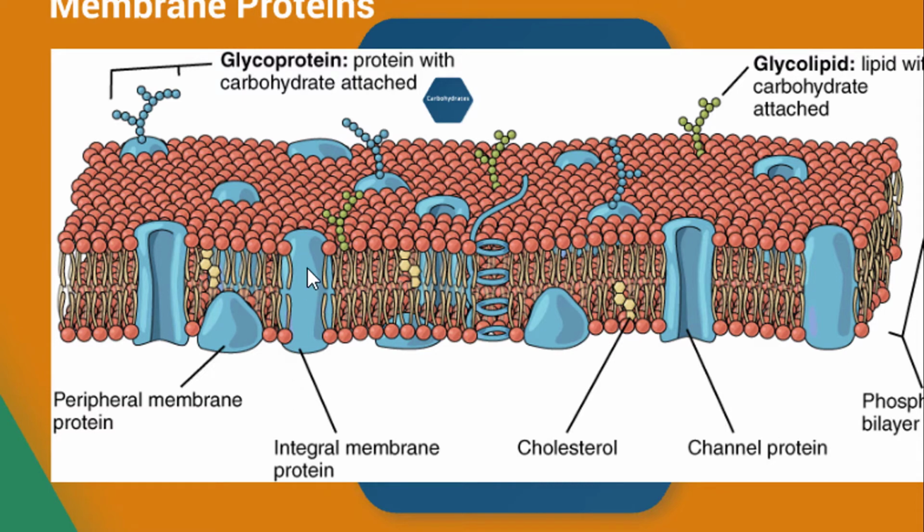A channel protein is an example of an integral protein that selectively allows particular materials such as certain ions to pass into or out of the cell.